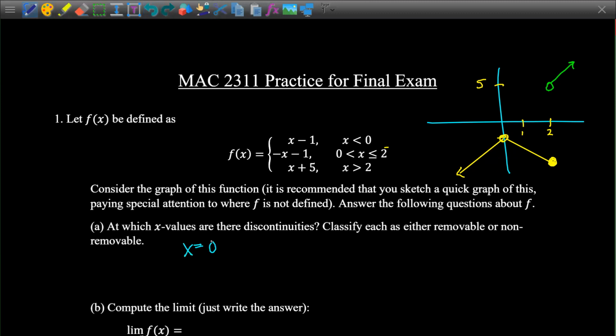Actually, there's not going to be a lot of room here to do this, but it's not defined for x exactly equal to 2. So I'll put an open hole, but it has a slope of 1. So it'll go up like that.